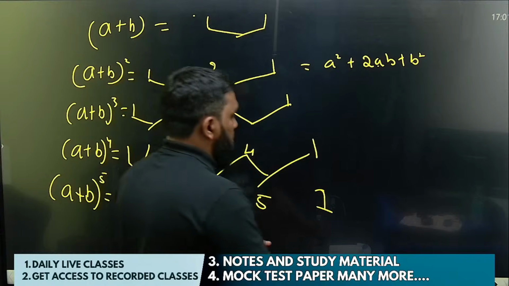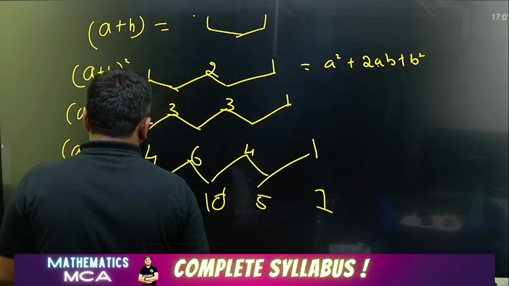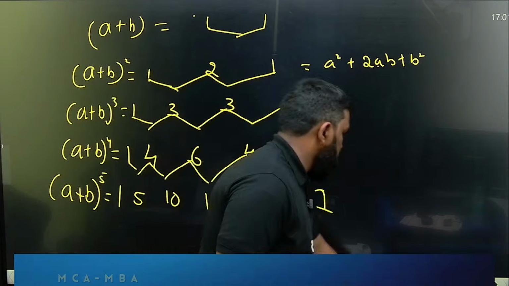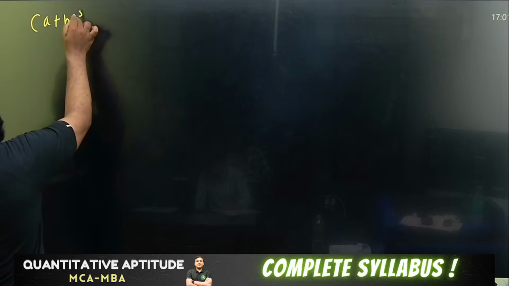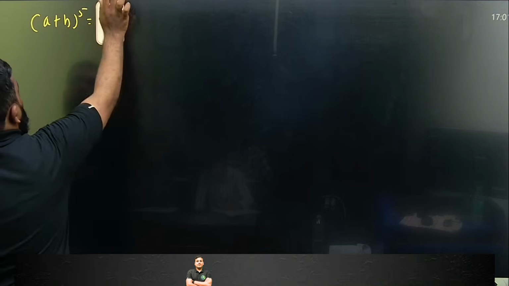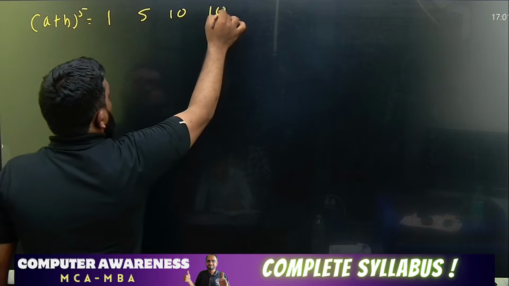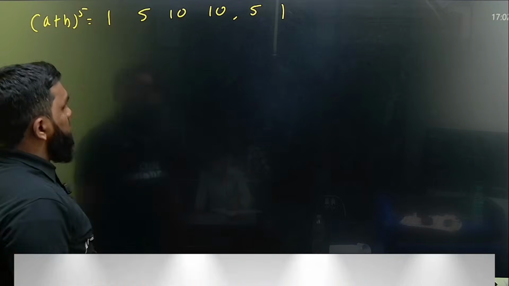Remember it and write it down. So (a plus b) raised to 5 has the coefficients 1, 5, 10, 10, 5, 1. Number of terms in the expansion is 6. Yes, correct.